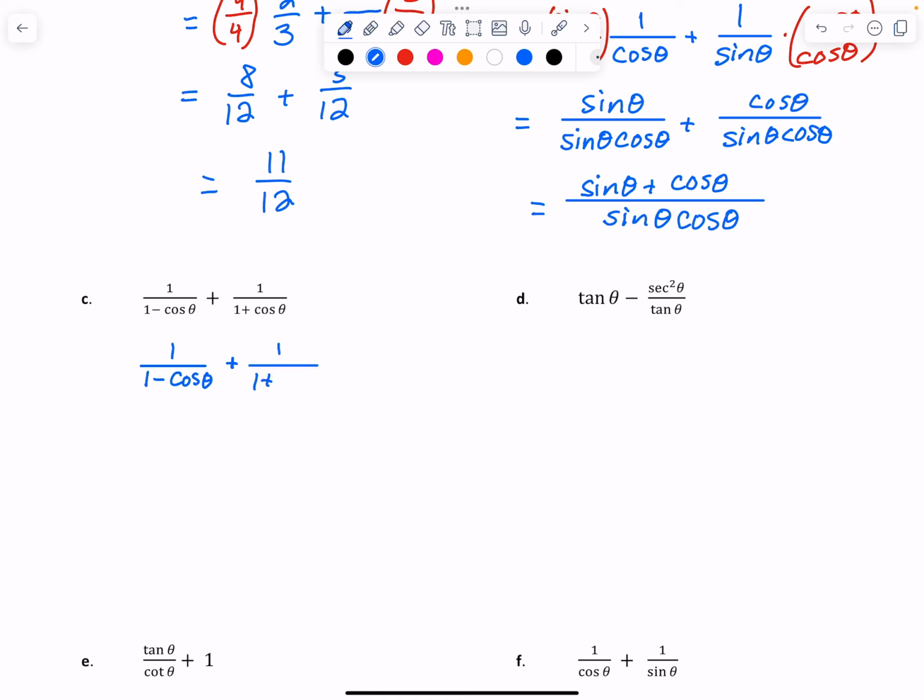So that 1 minus cosine is all one term. 1 plus cosine is all one term. So what I'm going to need to do is multiply just, again, by that other denominator. So I'm going to multiply top and bottom by 1 plus cosine on this side. And then on this side, I'm going to do 1 minus cosine.